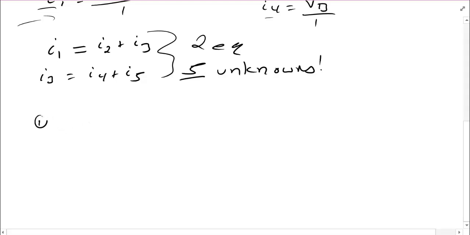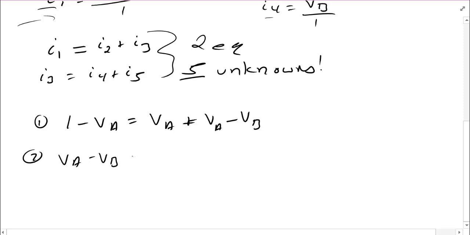So, equation 1, 1 minus VA is equal to VA plus, there we go, VA minus VB. Equation 2, VA minus VB is equal to VB plus VB minus 1.